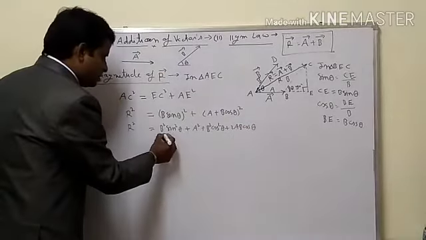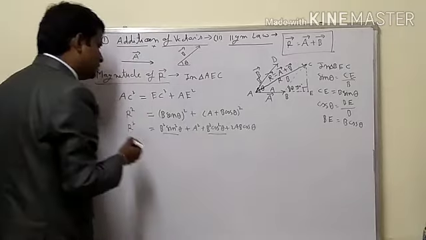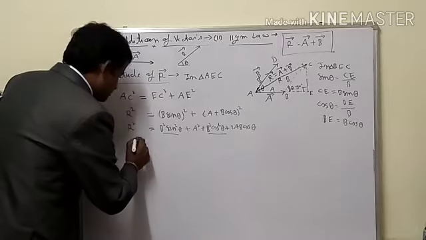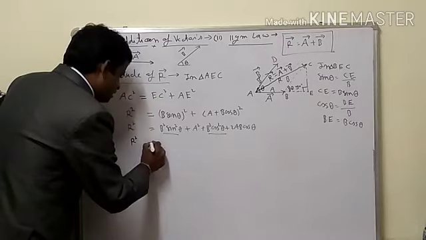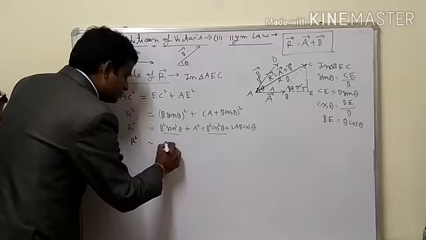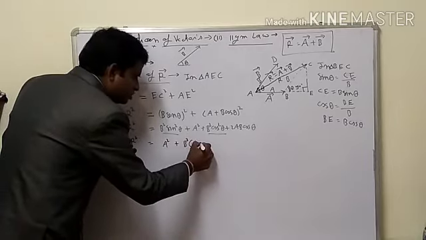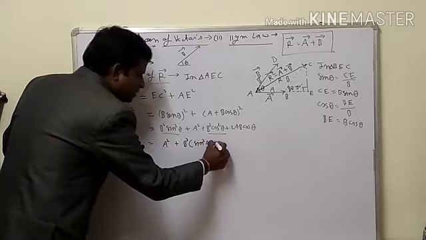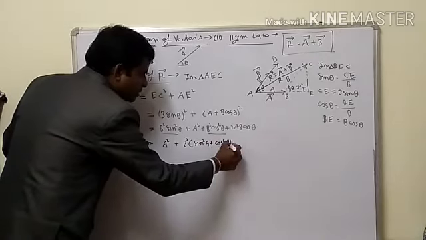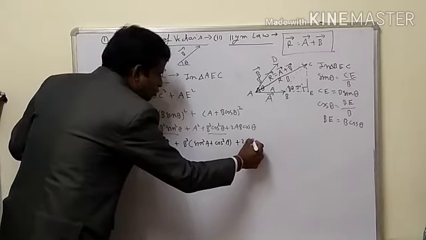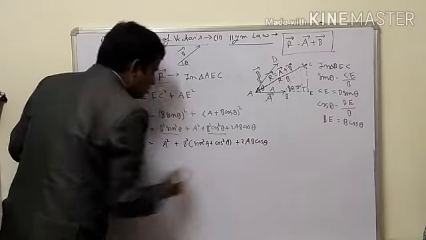Now see these two terms. In these two terms, B square is common, so we may take it common over here. So R square is equal to A square plus B square times sin square theta plus cos square theta, plus 2AB cos theta.